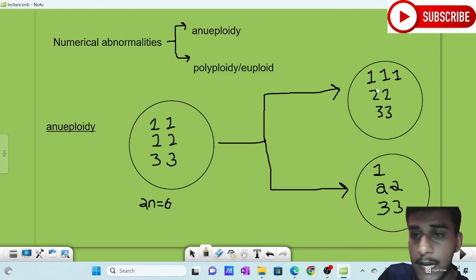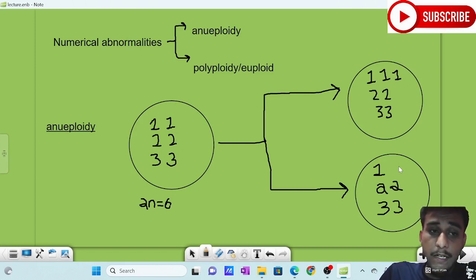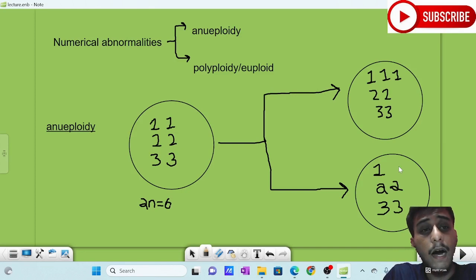In one cell, there is an extra addition of a chromosome, and in the other cell, there is a deletion of a chromosome. One homologous chromosomal pair is missing. Okay, this is known as numerical chromosomal abnormalities in a cell.